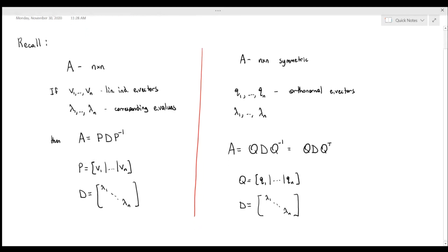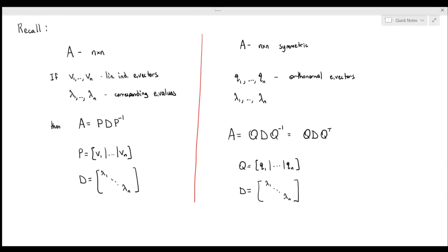So first, I just want to quickly recall what we talked about in the last review. Last time I talked about diagonalization.